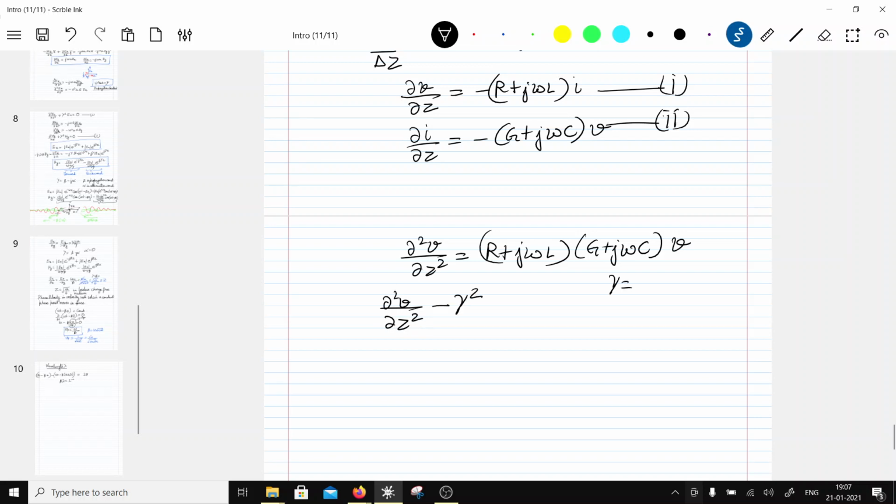So this basically is going to be equal to R plus j omega L, G plus j omega C, right?